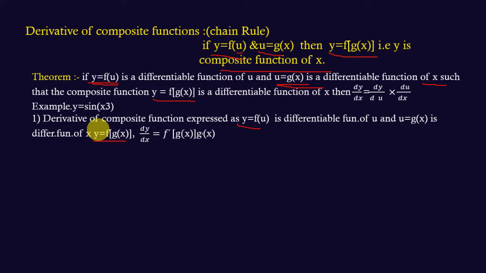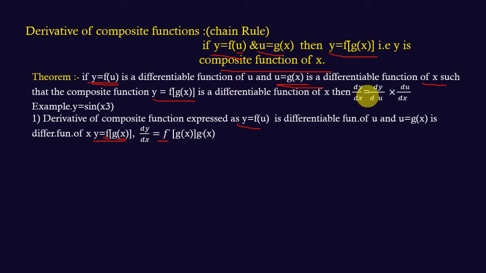To differentiate this composite function, always remember we differentiate the outside function first and keep the inside function as it is. So the derivative is f dash of g of x into the derivative of g of x, that is g dash of x.